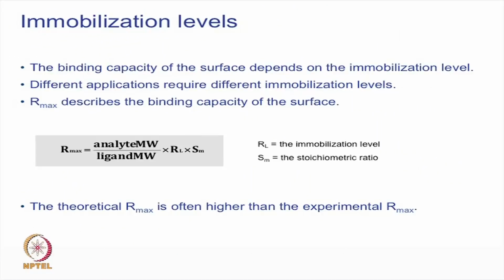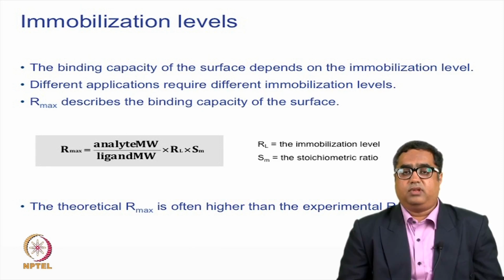The immobilization level can be set in two ways. One is a controlled immobilization process, which is called aim for immobilization, where you aim for an immobilization level based on the calculated Rmax, stoichiometry, binding level, and the number of binding sites the molecule has. All that is taken into consideration, and the level of immobilization is determined.